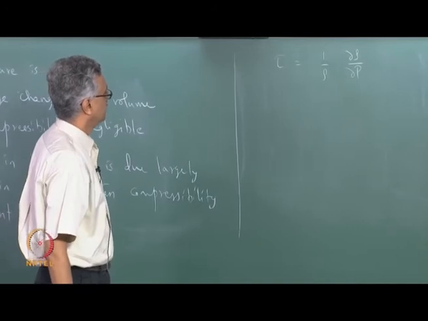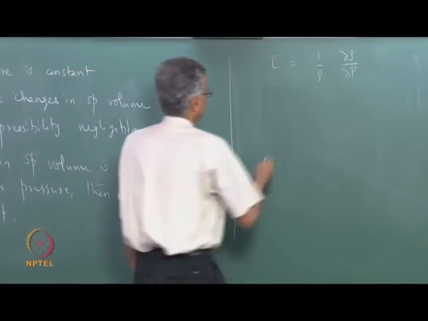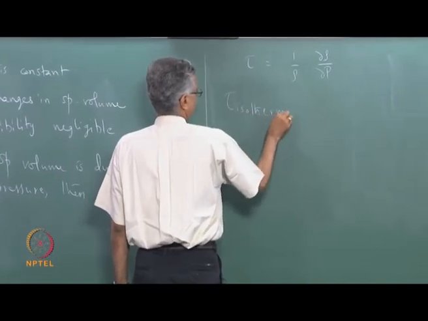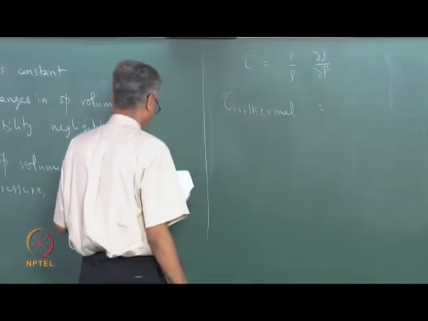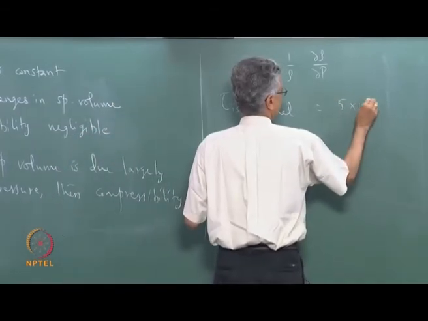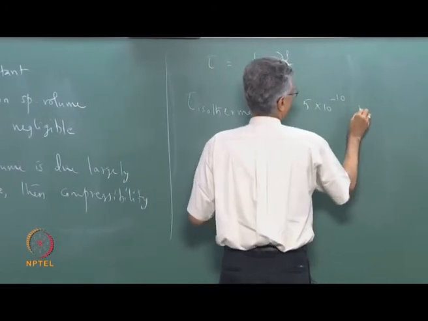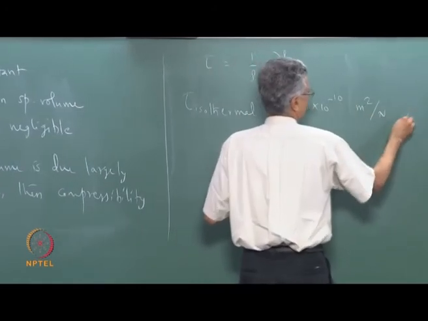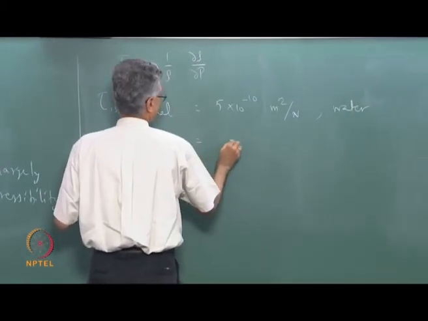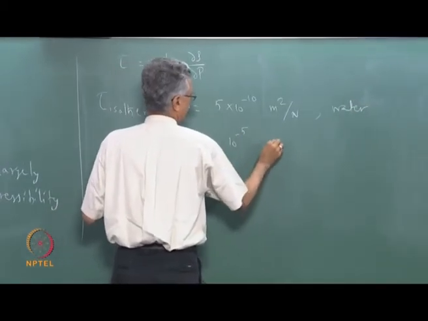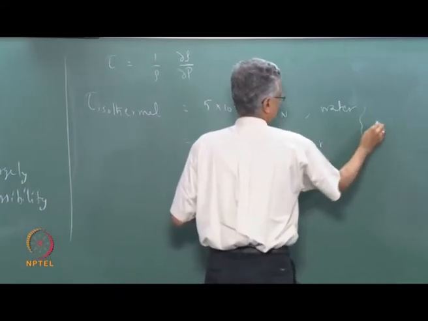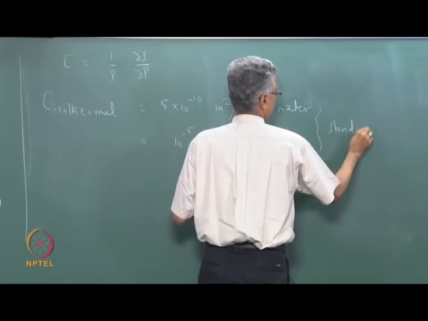This is in terms of density, and for example the isothermal compressibility of water comes out to be 5 times 10 to the minus 10 meter square per Newton for water, and it comes out to be approximately 10 to the minus 5 meter square per Newton for air under standard atmospheric conditions.